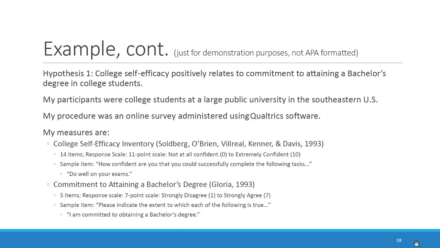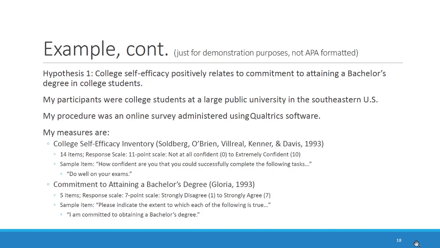My measures are, first of all, the College Self-Efficacy Inventory from Solberg and colleagues, and this included 14 items with an 11-point response scale ranging from not at all confident, which is 0, to extremely confident, which is 10. A sample question in this inventory would be, how confident are you that you could successfully complete the following tasks? Do well on your exams.